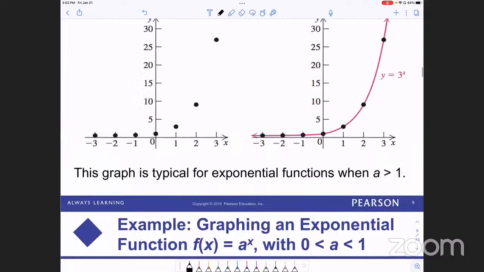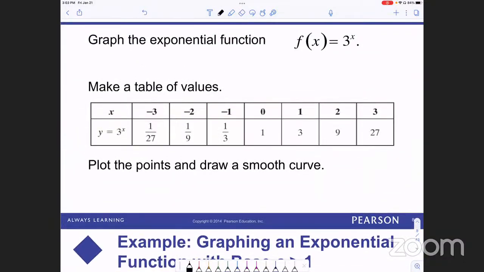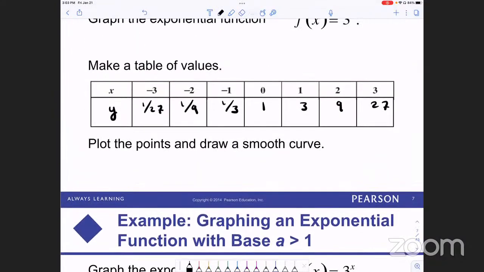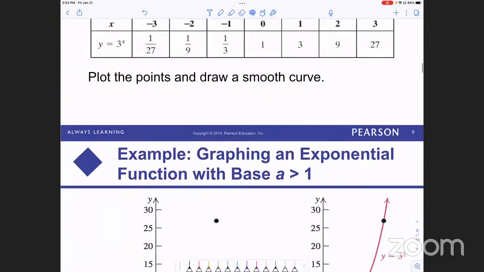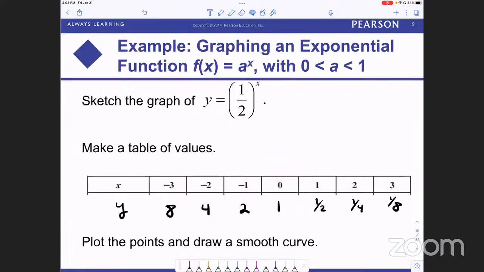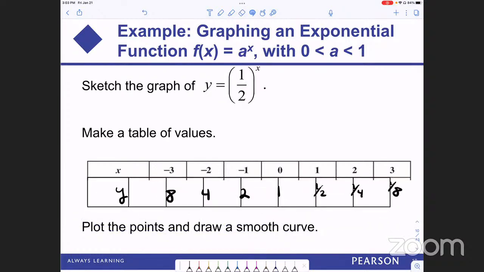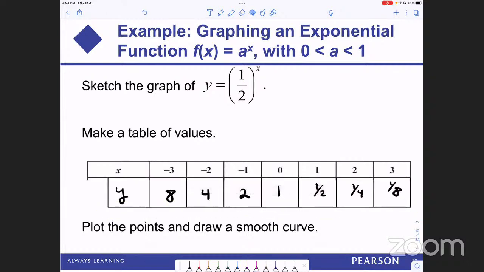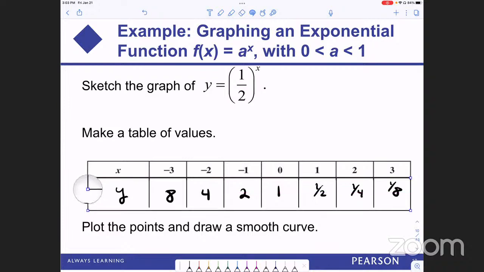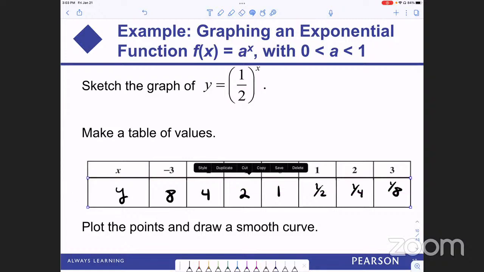Okay, so instead of doing all of that again, I'm going to copy this right here and paste it.